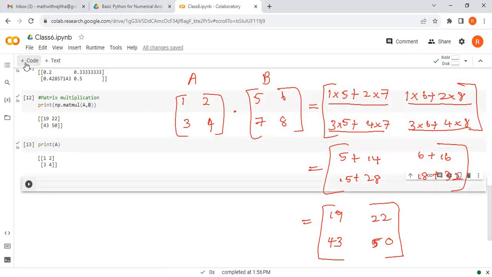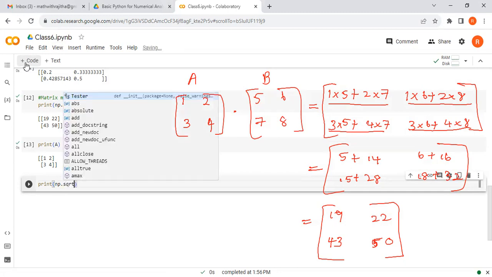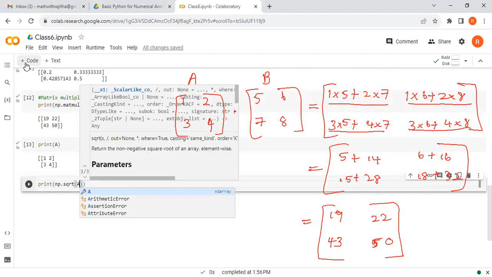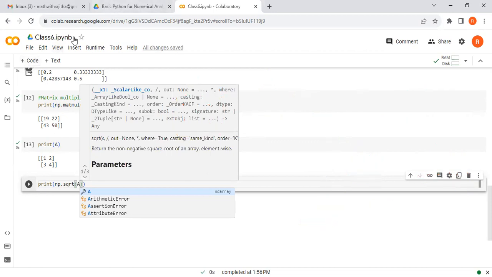We can get the square root of each element using the sqrt function in the NumPy module. Print np dot sqrt a. So we are getting the square root of each number like this.